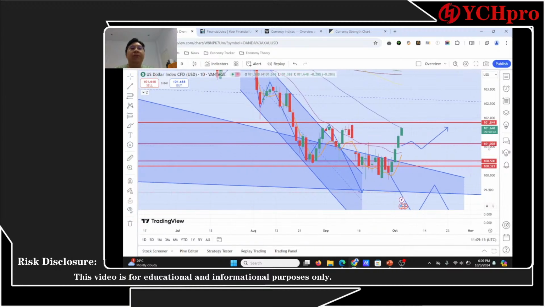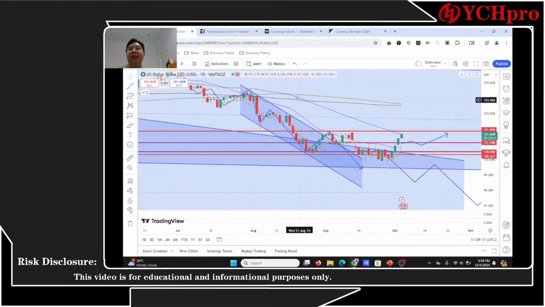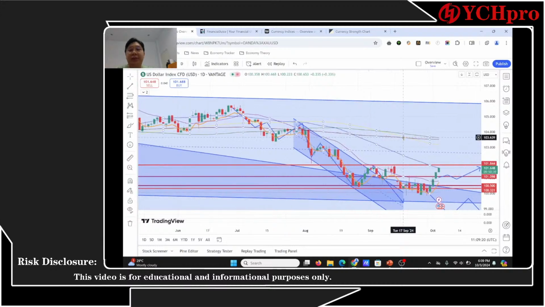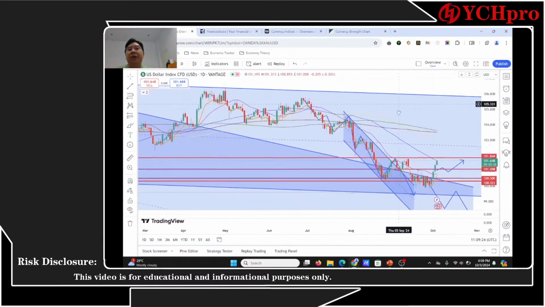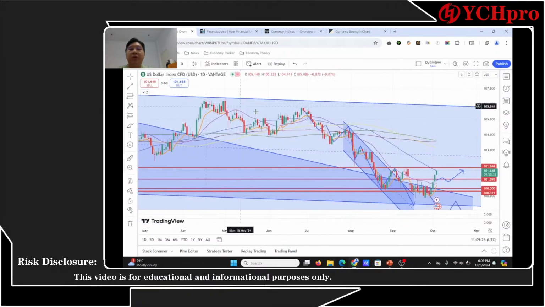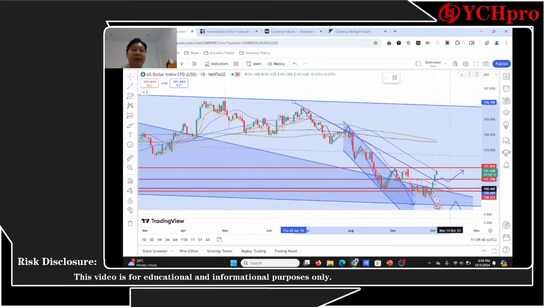So overall, we have started to see there is some rebound on the US dollar side, as you guys could see out of this graph. So it has been showing us a very long downtrend starting from April until reaching its bottom around September on the charts here. And right now we are seeing the possibility of it breaking out of that downtrend momentum. So if I draw another new trend area, it seems that it has broken out of that downtrend momentum.